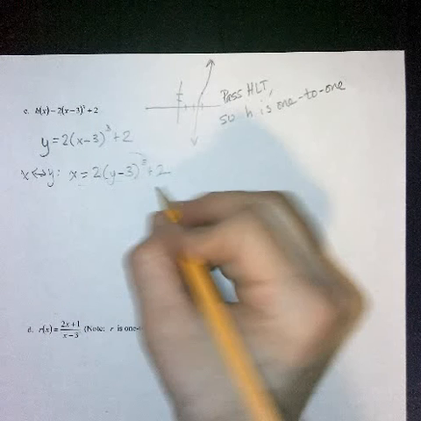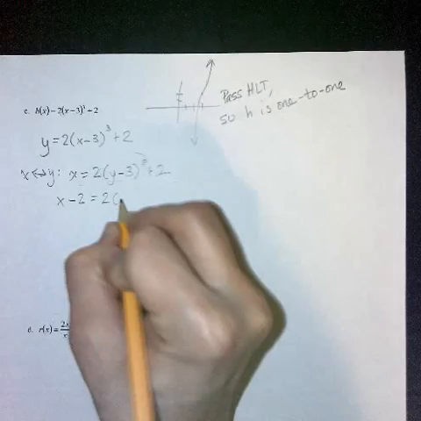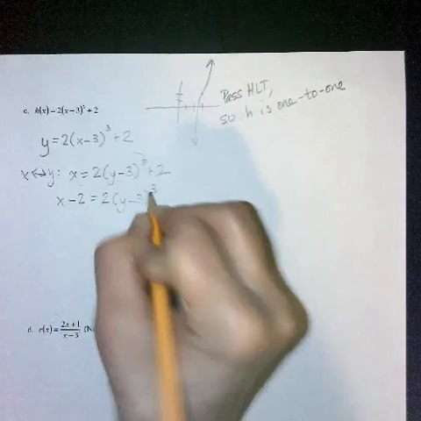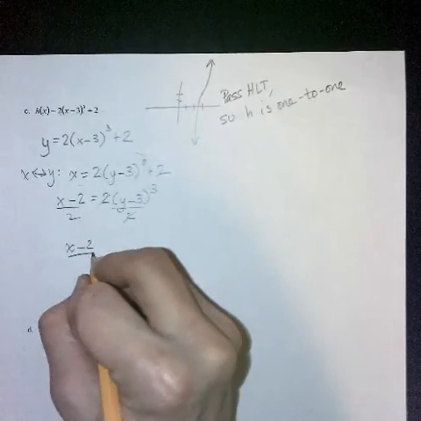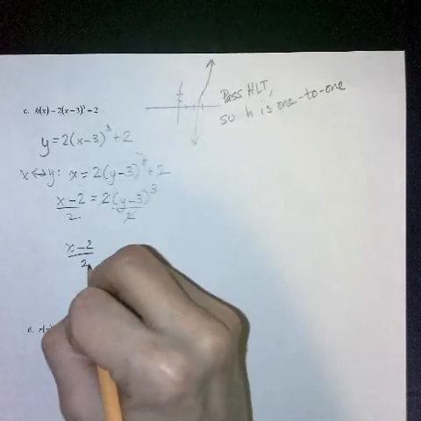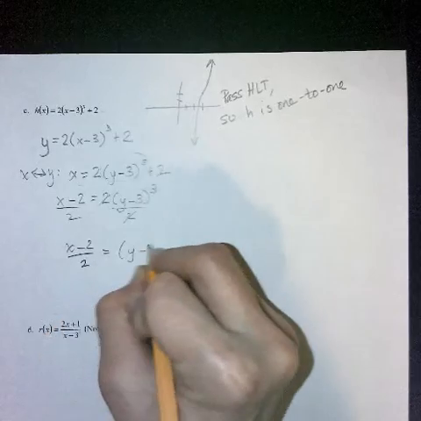So x minus 2 is 2 times (y minus 3) cubed. Then we'll divide both sides by 2. (x minus 2) divided by 2 equals (y minus 3) cubed. And then take the cube root of both sides.